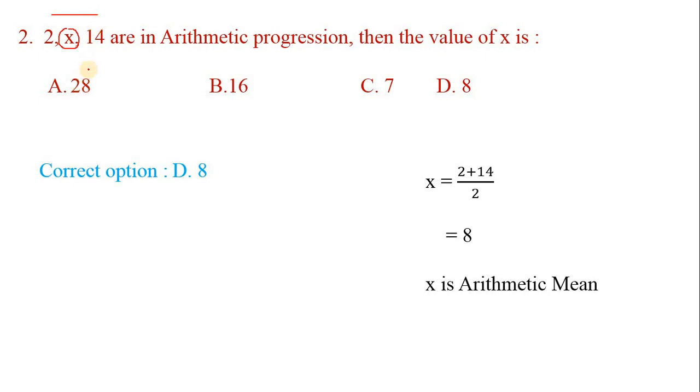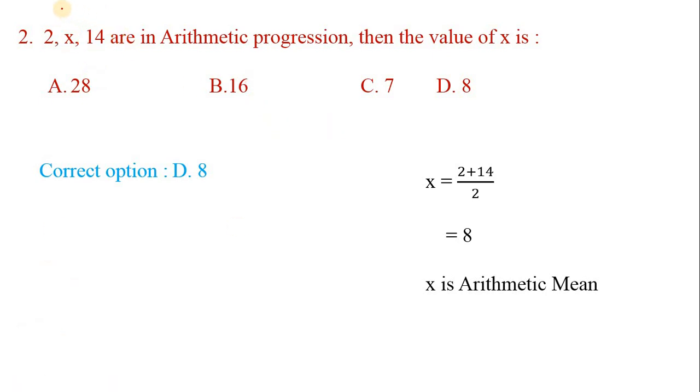But we have 14, hence 28 cannot be the answer. Similarly, we can substitute 16. After 16 the number should be greater than 16, but 14 is there, hence that is not possible.